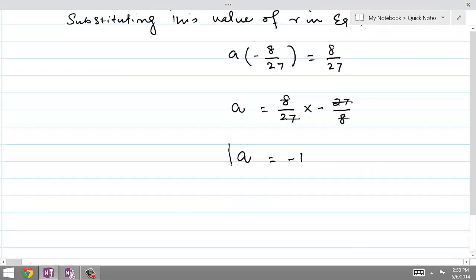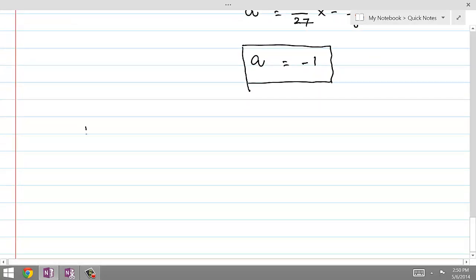And now let us find the nth term of the geometric progression. To find it, an will be equal to ar power n minus 1.